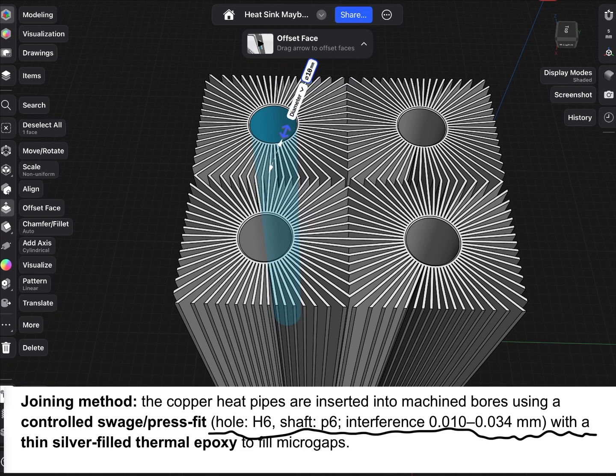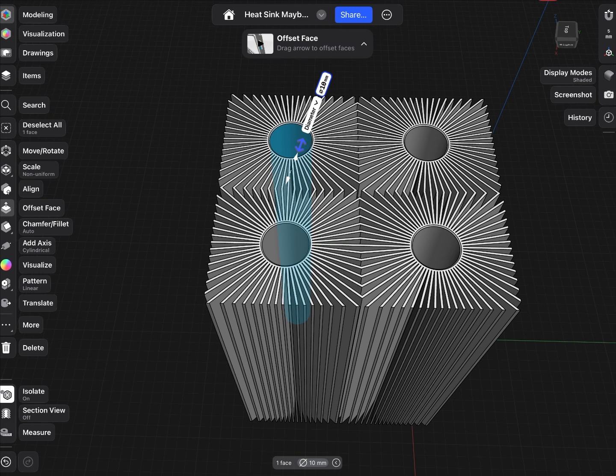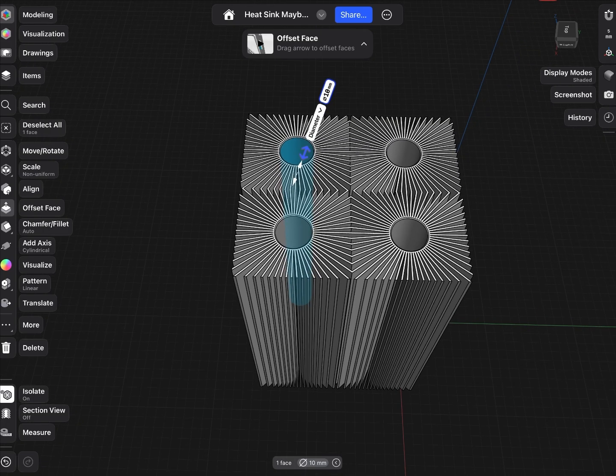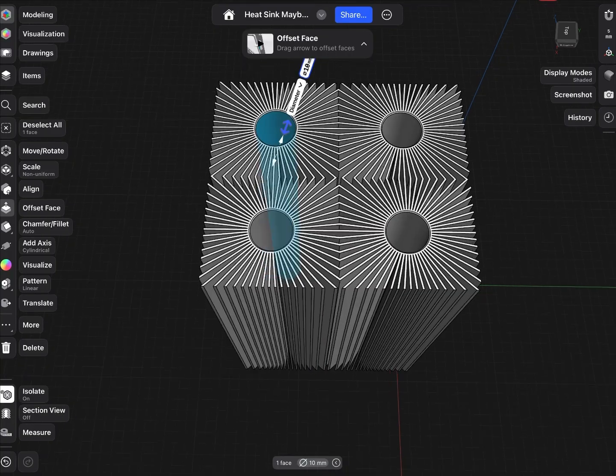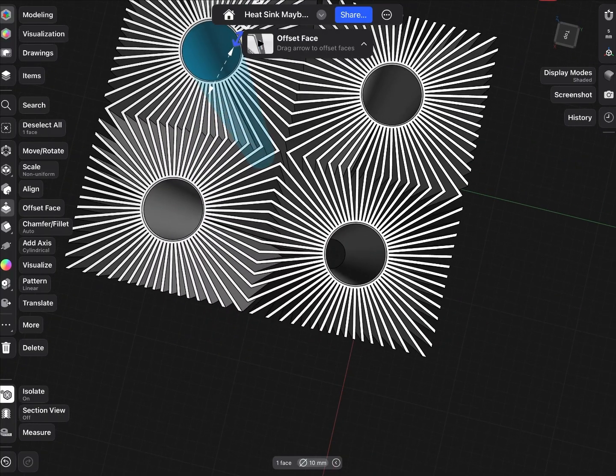So that will be controlled during assembly of this part onto the copper tubes. And you can see the fins themselves, how they are.